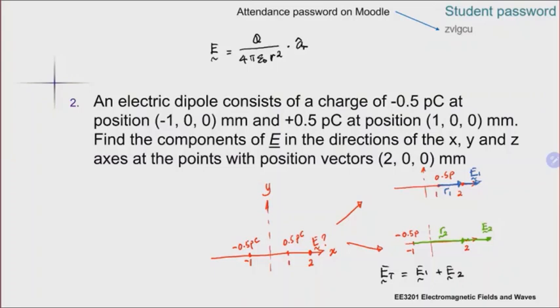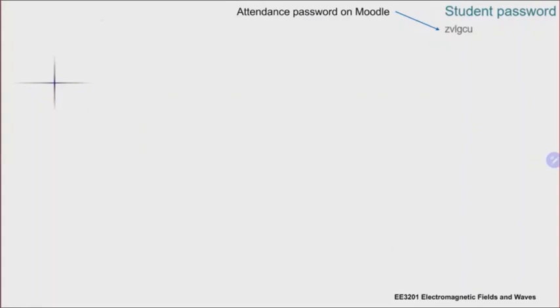So at 2, 0, 0 millimeters. We have the first one, I call it E1, which is due to the charge at 1.